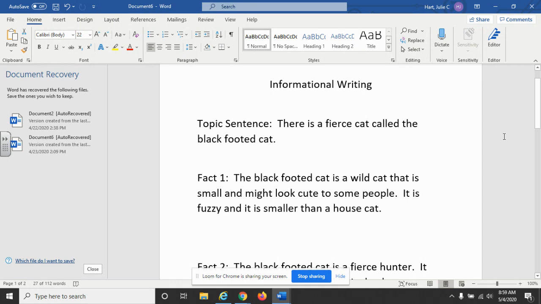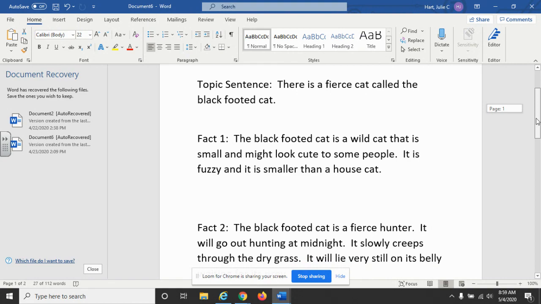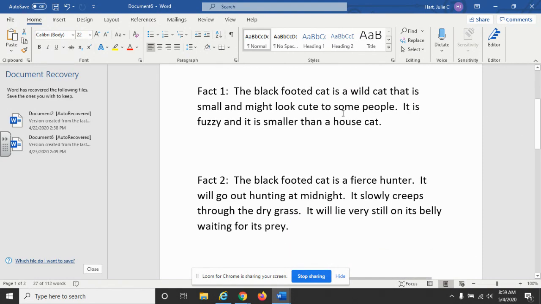Then I went into the Scholastic News and decided that my first fact and paragraph, which will end up being your first paragraph in your piece, is just about the black-footed cat, how it's a wild cat that's small, how some people think it's cute. Remember, that is an opinion, but you can put it might look cute to some people, because some people may not think it does.